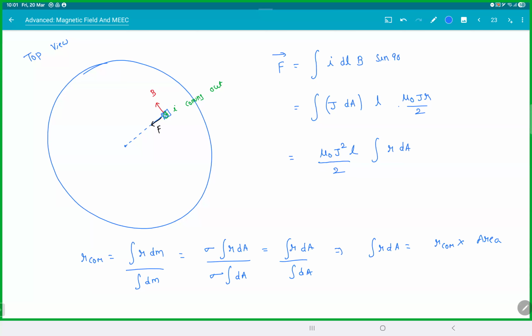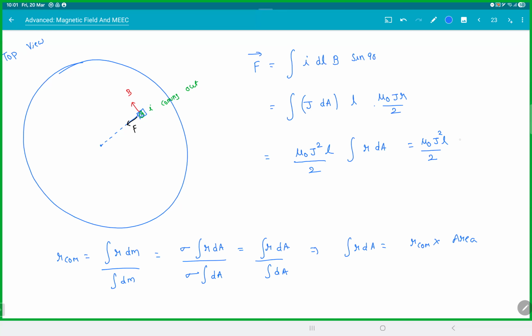So you can replace this whole stuff with, so the constant is mu naught J square L by 2 into r_COM into the area of whatever piece that you've taken. So in our case, you're finding it for the half. So for this, it's a half disk. When you see the top view, it's a half cylinder, which is a half disk.